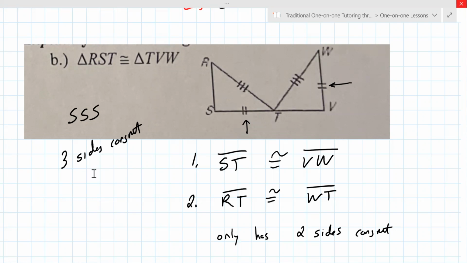Okay, there we go. All right, so you got that down? So this one is false. Only two sides congruent, so three sides congruent is false.